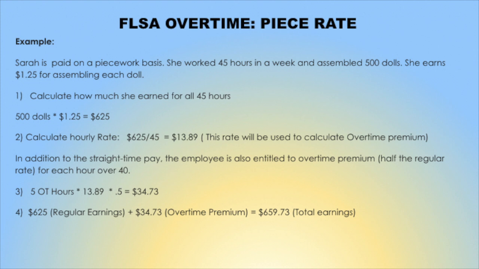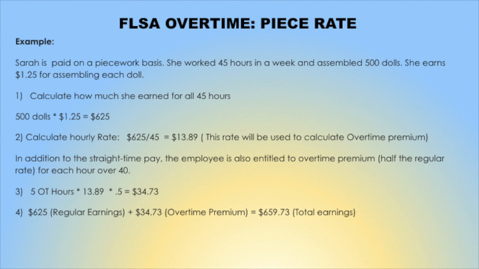Now, when there is a piece rate job, the regular rate of pay for an employee paid on a piecework basis is obtained by dividing the total weekly earnings by the total number of hours worked in that week.